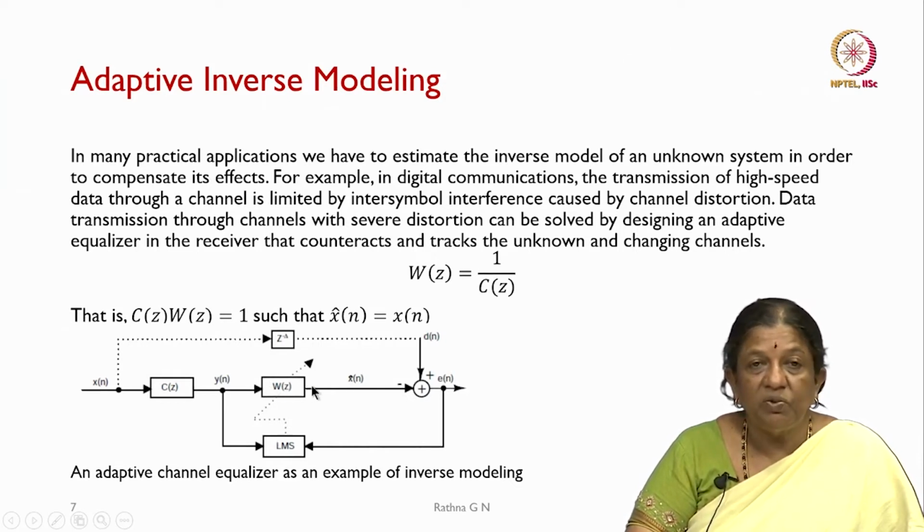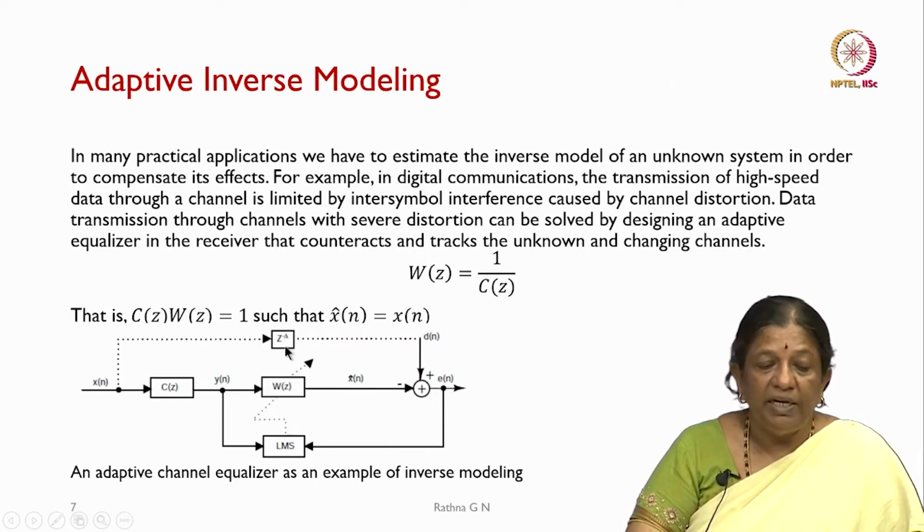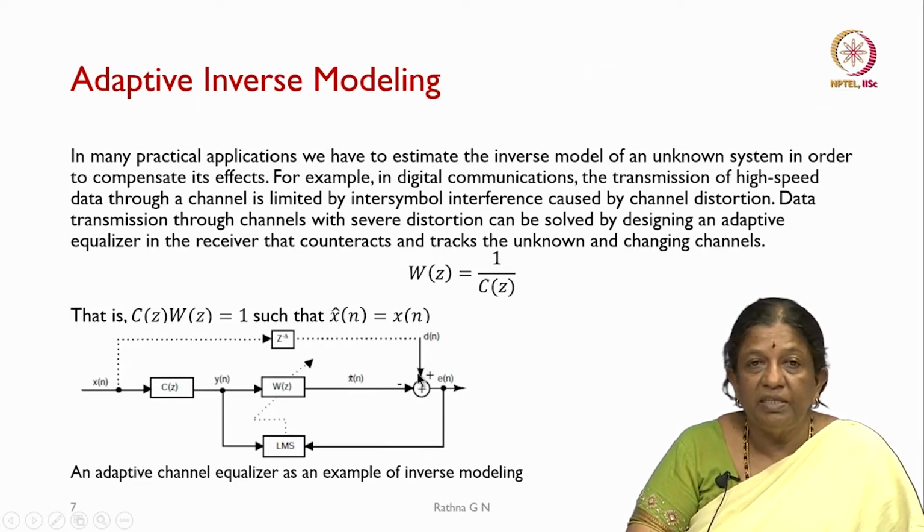It passes through the filter here, and x hat of n is the output we are calculating. This x of n is delayed by delta and fed as the desired signal. When the difference is minimal, we will know that x hat of n is equal to x of n.